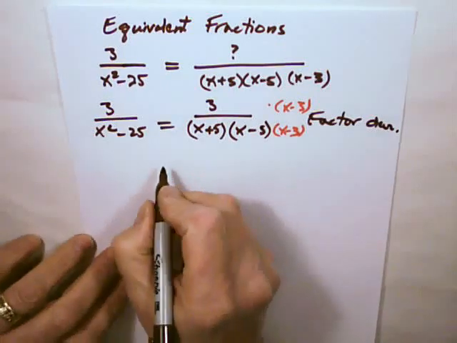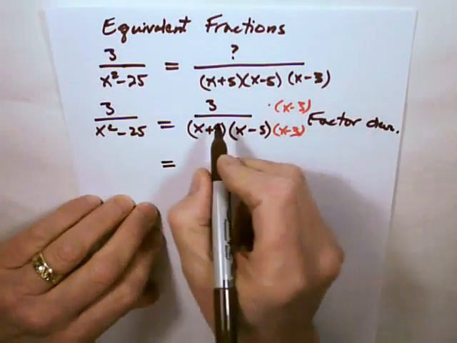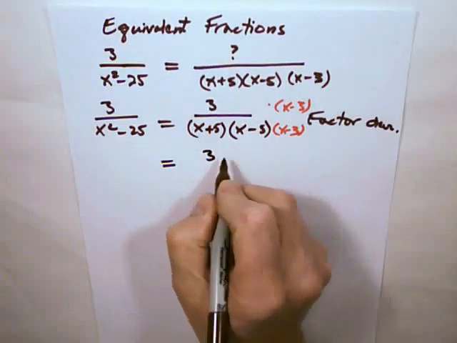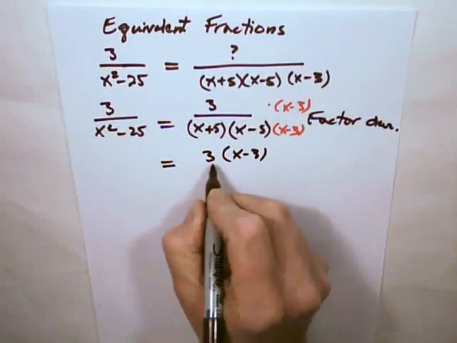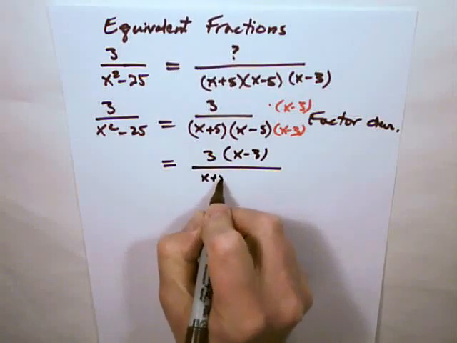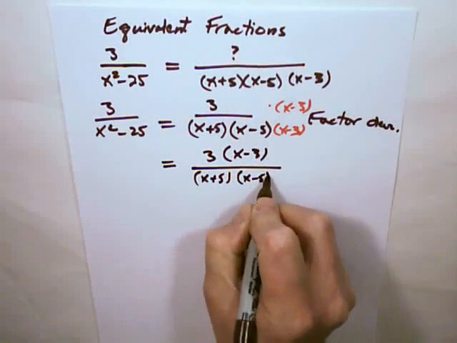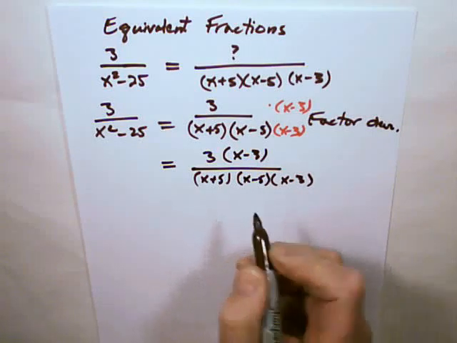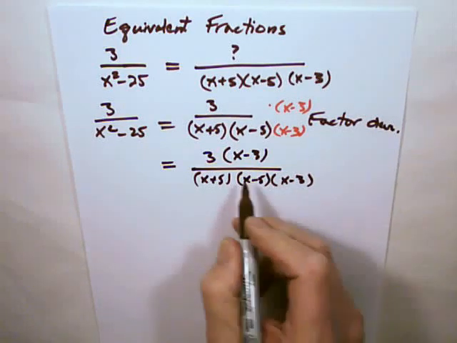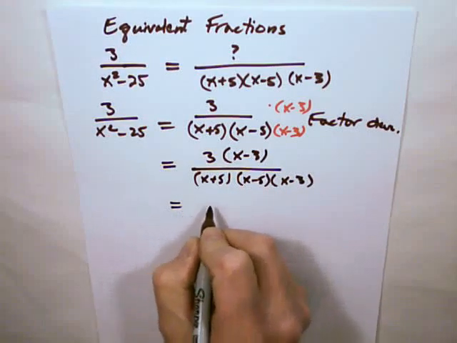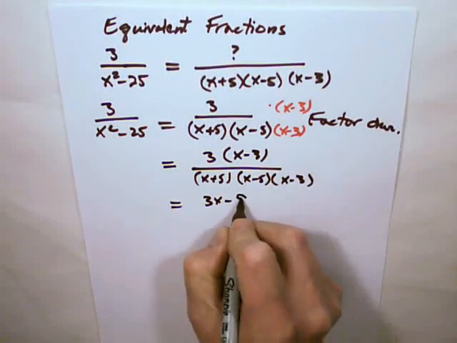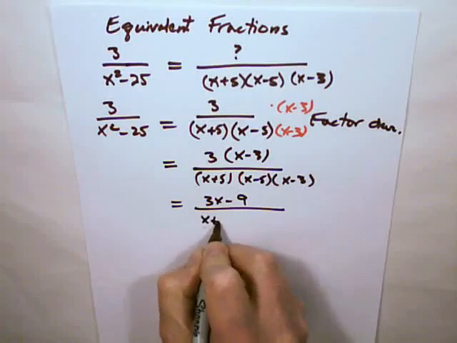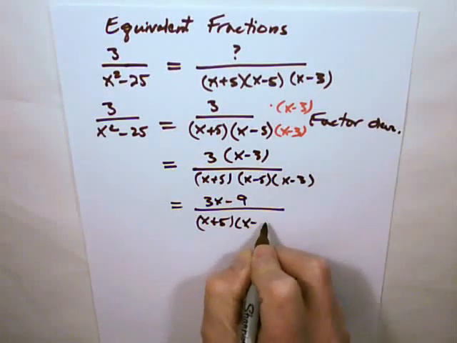Now once I do that, let's write down the equivalent fraction. It's going to be 3 times x minus 3 in the numerator, and x plus 5, x minus 5, x minus 3 in the denominator. I could leave it like that if I wanted to, but I could also expand out that numerator: 3x minus 9, all over that same denominator.